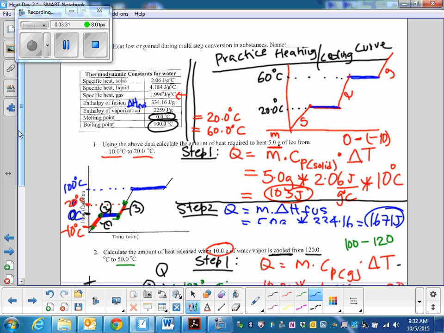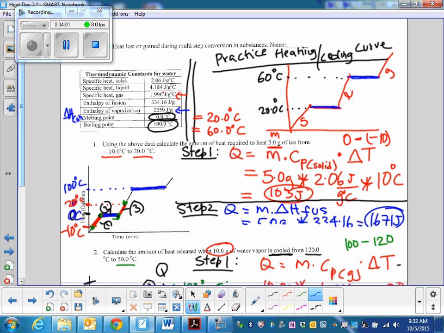What am I going to do? What is enthalpy of condensation? It is the same as enthalpy of vaporization, but with a negative sign. It's vaporizing going this way. It's condensing going the opposite way. Do you guys agree?